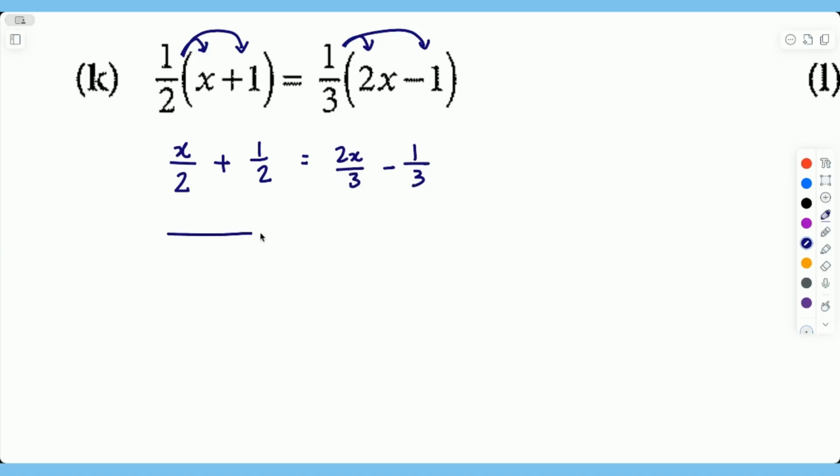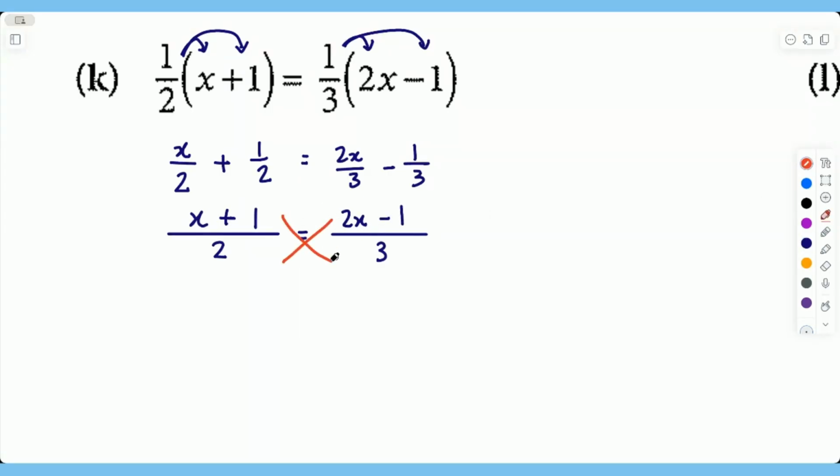Now let's put both sides into one single fraction. The left side has a common denominator 2, and the numerator is x plus 1. The right side, the common denominator is 3. Numerator is 2x minus 1.